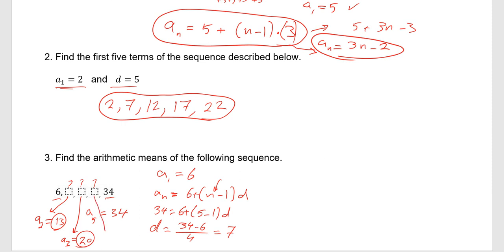And then we have a sub 4 equals 20 plus 7, which is just 27. Okay? And now we found our means through the process shown. All right? This is it for this concept. See you in the next video.